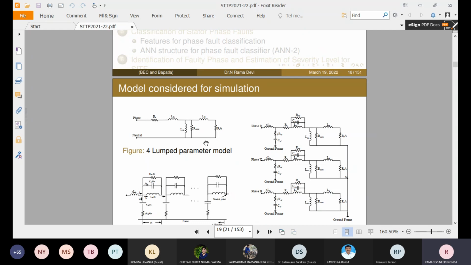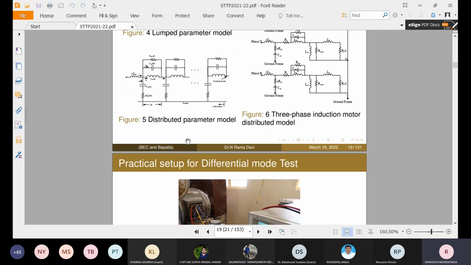So in the third year laboratory itself, you can learn how to compute the lumped parameters of the induction motor. That is the stator resistance, leakage inductance of the stator, rotor leakage inductance, rotor resistance, core resistance and magnetizing inductance values.